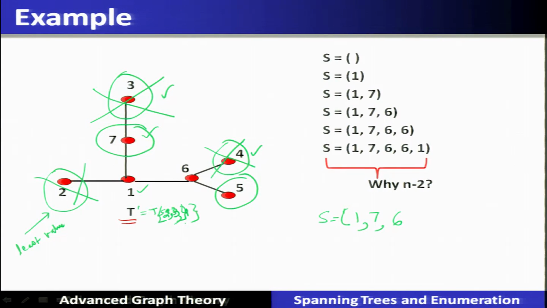Now the remaining leaf nodes will be 7 and 5. Out of them 5 has the least value. The neighbor of 5 is 6, so 6 will be added again. You see that some labels are repeated in the sequence S, the Prüfer code. Then we remove 5.